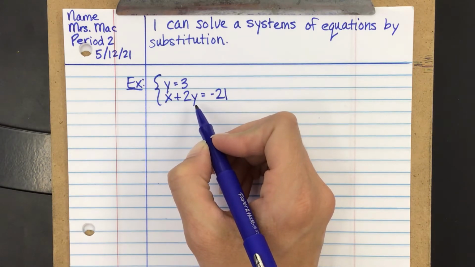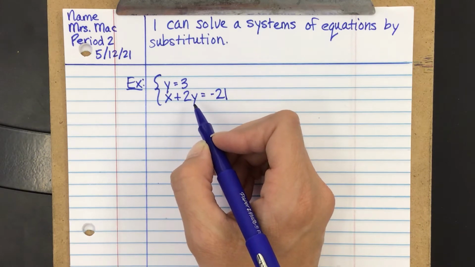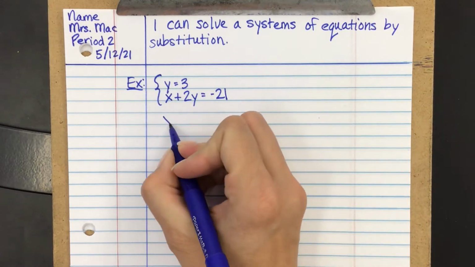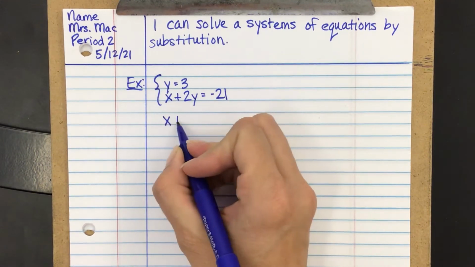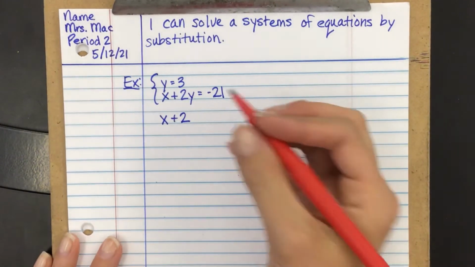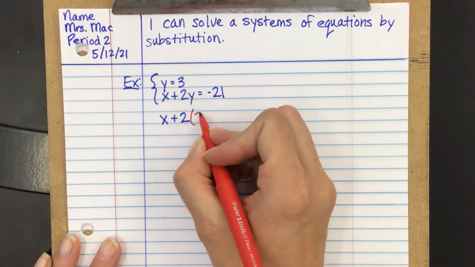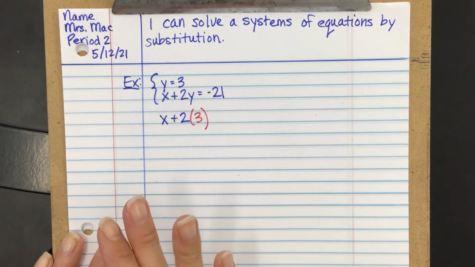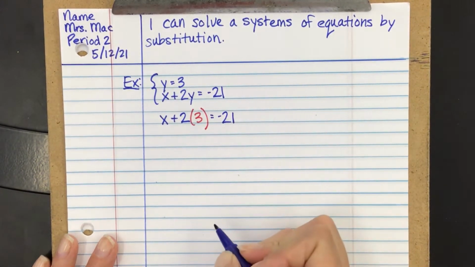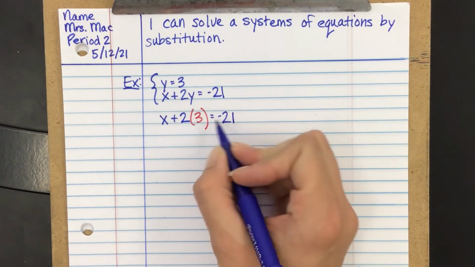So that's what I'm going to do. This is called substitution because you're basically substituting one equation into the other and then solving it. So I will do that. I'm going to rewrite this equation here, but instead of y, I'm going to put 3, like that. And then I'm going to solve for x.